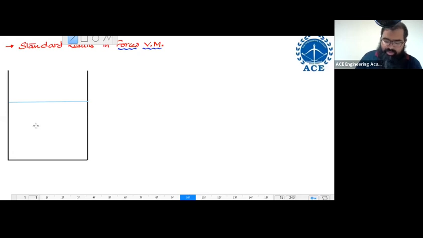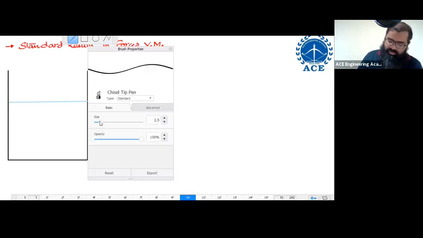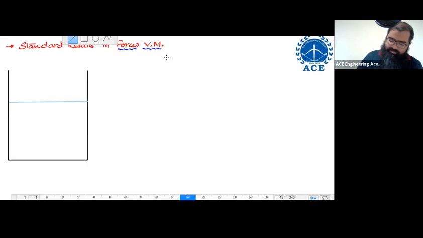Let us say I'm taking a particular axis, a central axis. About this axis, I'm creating some forced vortex motion.